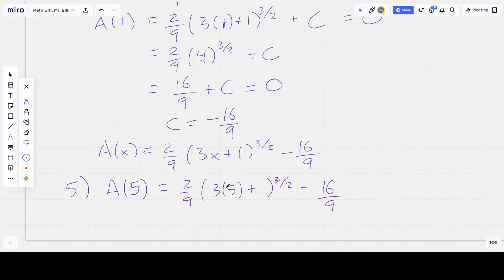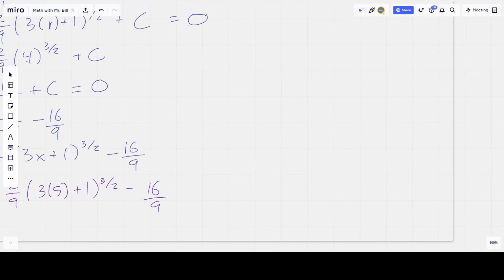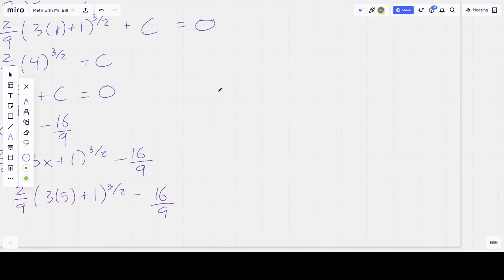So 3 times 5 plus 1 is 16. And let's move that over here. So we have A of 5 is equal to 2/9 times 16 to the 3/2 minus 16/9. So that's equal to, the square root of 16 is 4. 4 cubed is 64. 64 times 2 is 128.